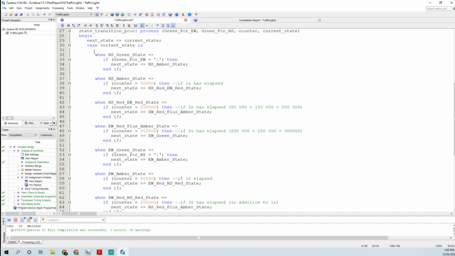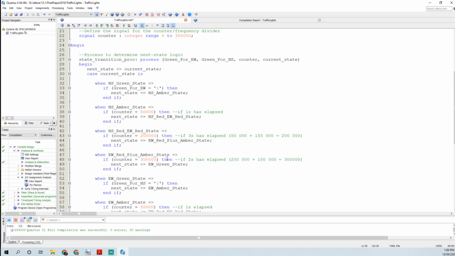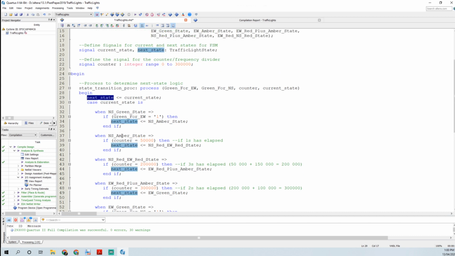If none of these conditions are satisfied, in other words, if there is no condition for a change, for example, if counter is equal to 10,000, I don't want to change the next state to the east-west state. I want to stay in this amber state. So for me to stay in this amber state, this line of code is going to be evaluated. It's going to say next state is equal to current state, because current state is still going to stay in north-south amber, for example.